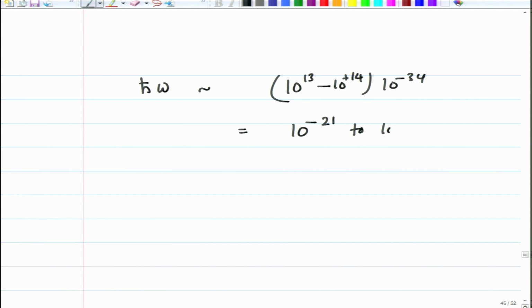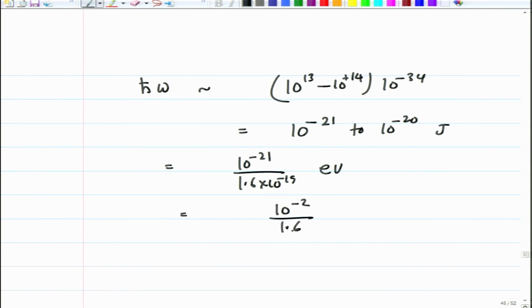So, what we have found is that h cross omega is of the order of 10 raised to 13 to 10 raised to 14 times 10 raised to minus 34, which is 10 raised to minus 21 to 10 raised to minus 20 joules, and that is then equal to roughly 10 raised to, let us say, minus 21 over 1.6 times 10 raised to minus 19 electron volts, which is 10 raised to minus 2 over 1.6, and that is roughly 6 MeV.